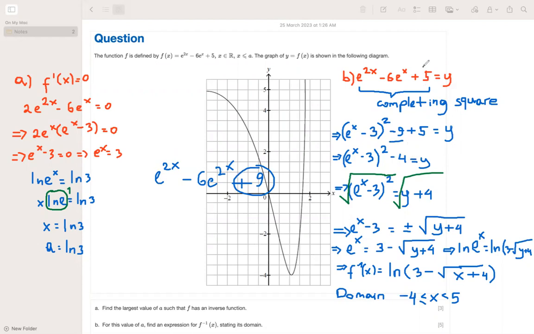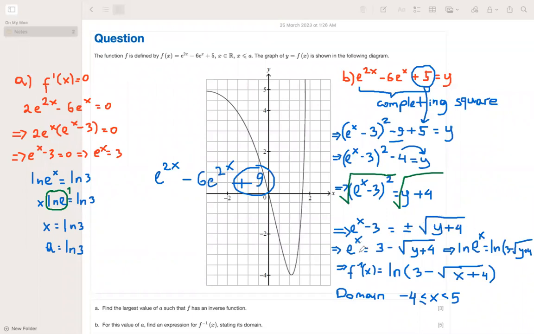Then plus 5, and plus 5 is coming from the original function, equal to y. Then you factorize it and move 4 to the right side, it becomes plus 4. Then you take a square root. In the end, we get e power of x minus 3 equal to plus and minus the square root of y plus 4.